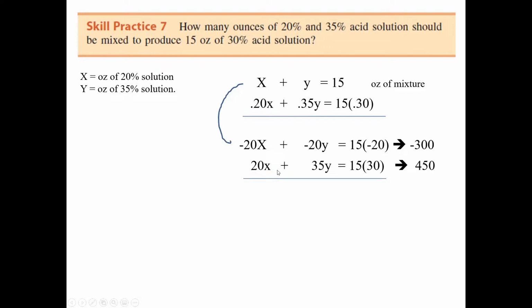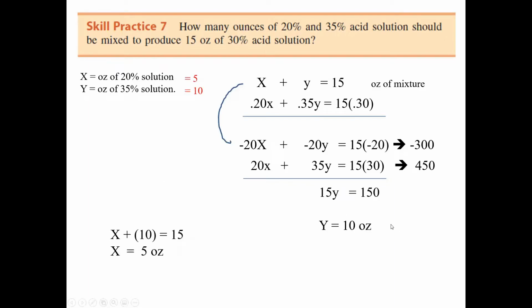Okay, so here we get our second equation, and 15 times 30 is 450. So I'm just simplifying these two numbers over here instead of bringing it on a separate line. Now, I've got an opposite pair there, and I don't here. So I end up with 15y equals 150, y equals 10 ounces. So that means we've got 10 ounces of this 35% solution.